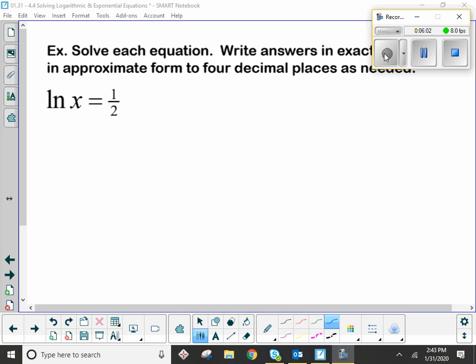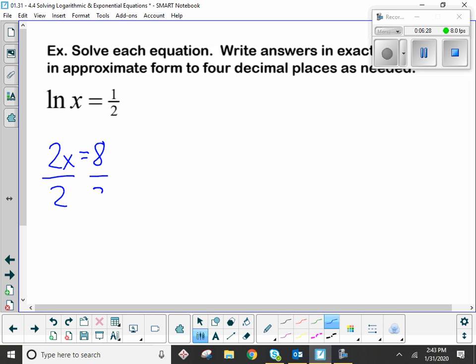So our goal here is to get x by itself. Right now, there's a log being performed to it. One thing I need you to understand about this is that when we solve this equation, what do we do to both sides? We divide by 2.